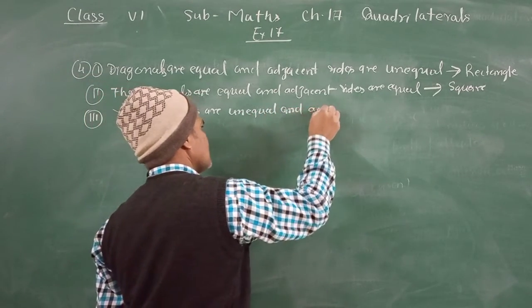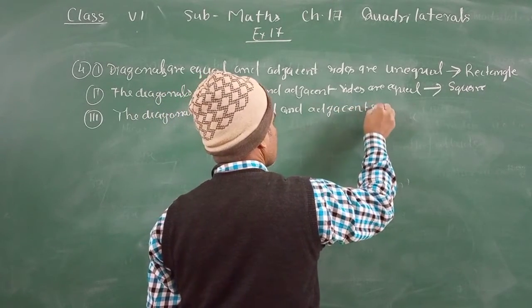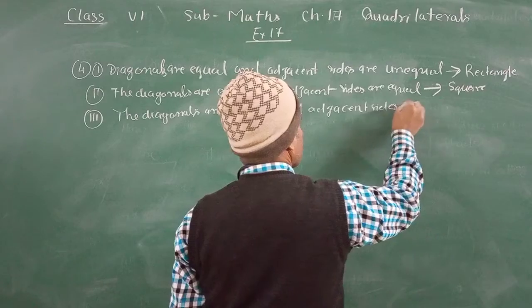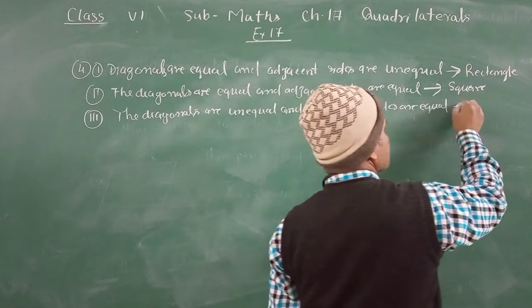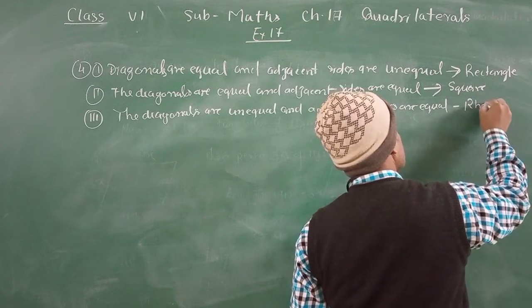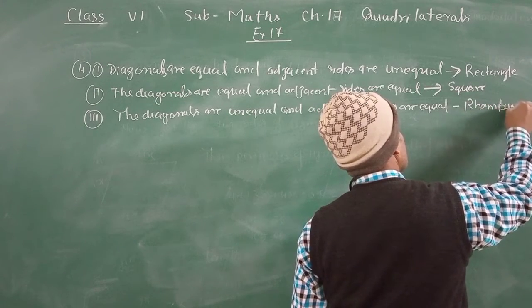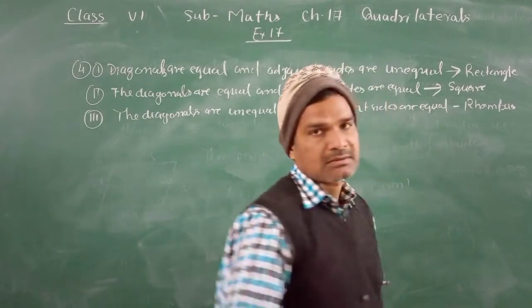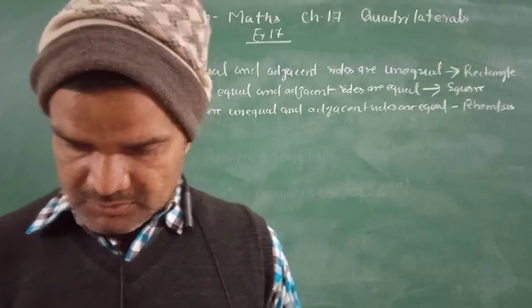That is a rhombus. You know that in the rhombus all sides are equal but diagonals are unequal.